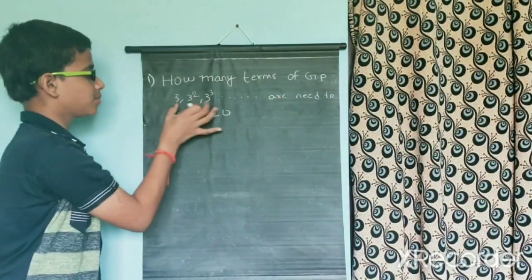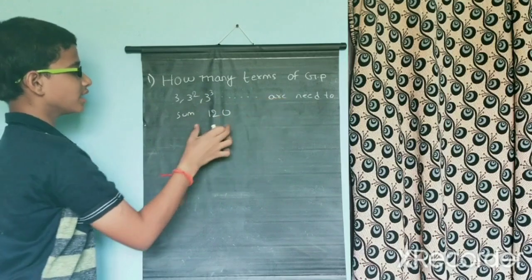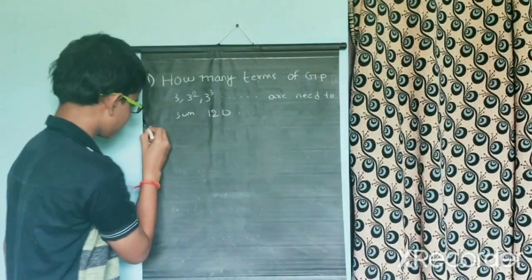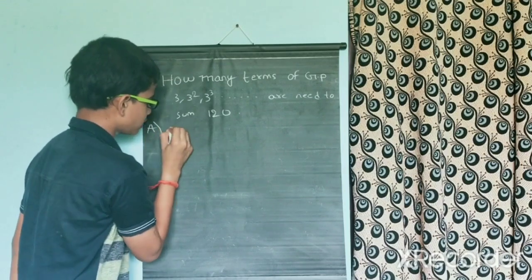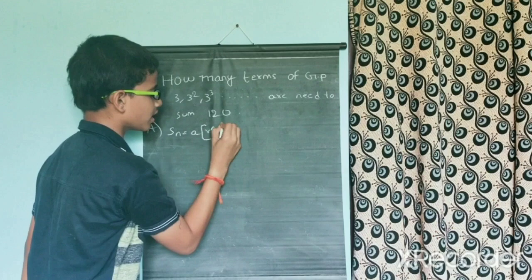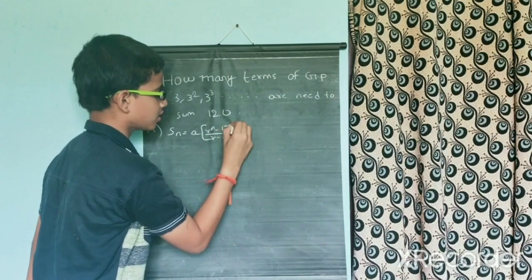How many terms of the GP 3, 3 square, 3 cube and so on are needed to sum to 120? Here we use the sum formula, Sn equals a into r power n minus 1 by r minus 1.